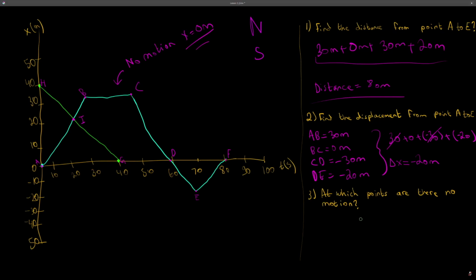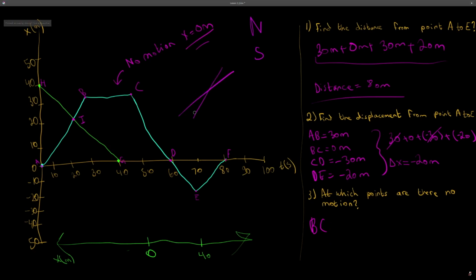The final question asks, at which points is there no motion? So from point B to C, there's no motion. It's a straight line. Okay, so for this final line here, they intersect. So when they intersect, it means that they're moving in either of two cases.